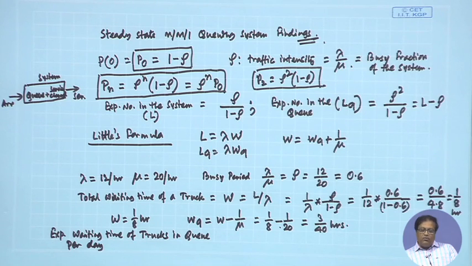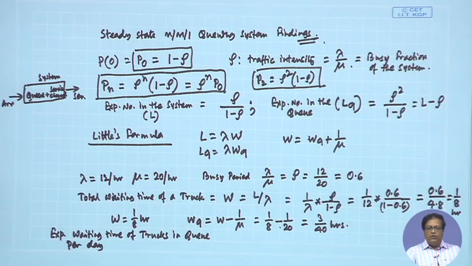Now, that is for one truck, right. When we talk about WQ, that 3 by 40 hours that we have got is for a given truck. That means every truck has to wait a certain time, that is 3 by 40 hours. So, then what will happen to all the trucks that come?